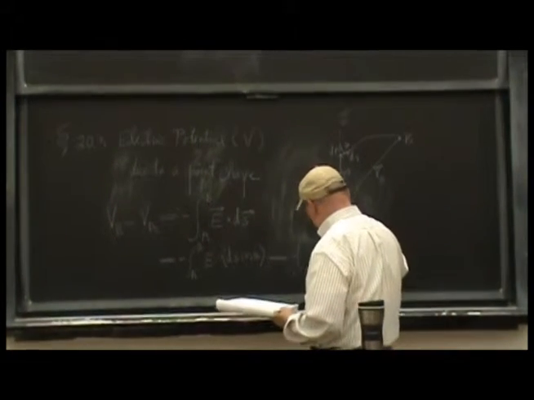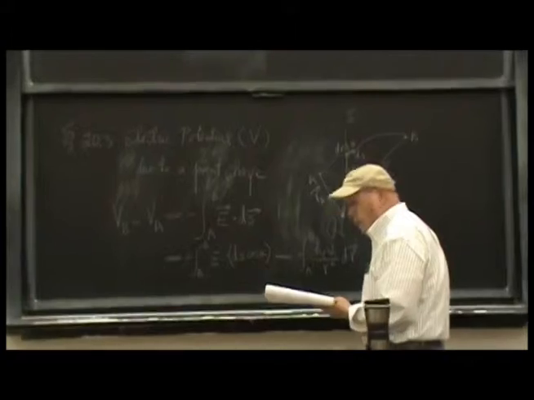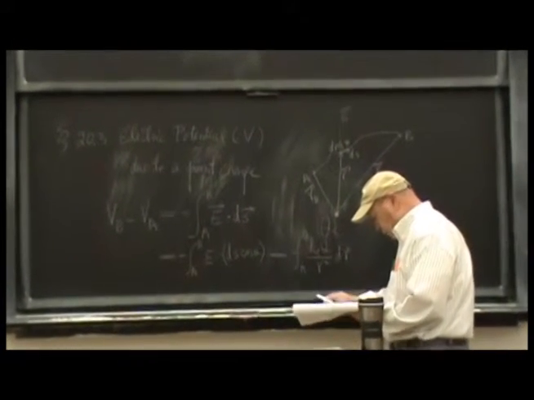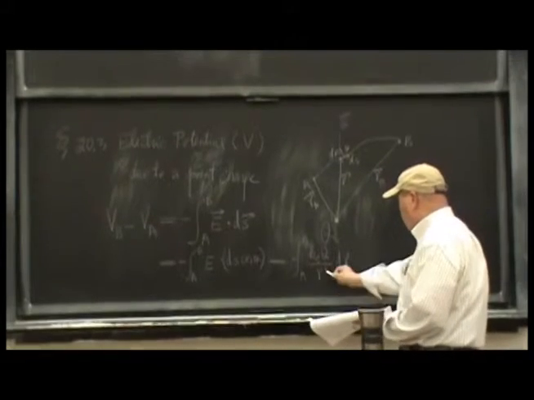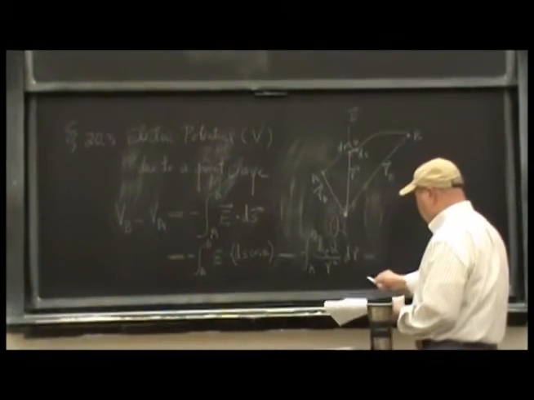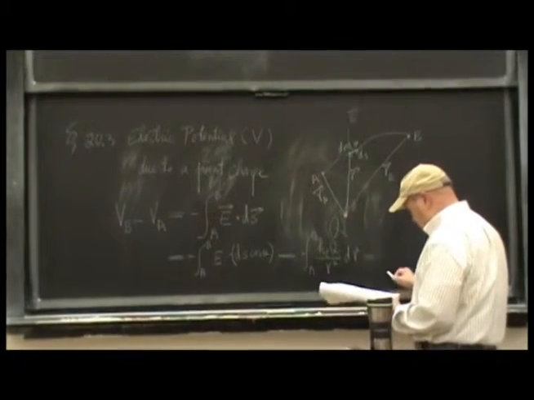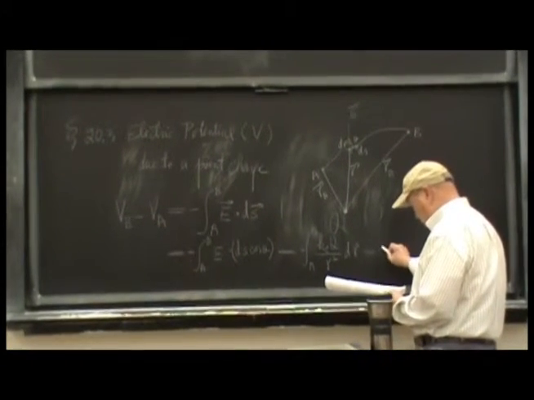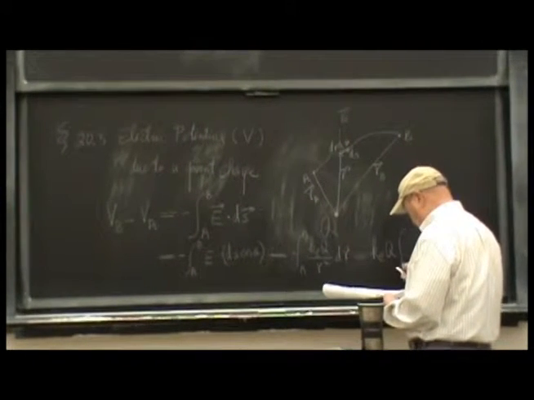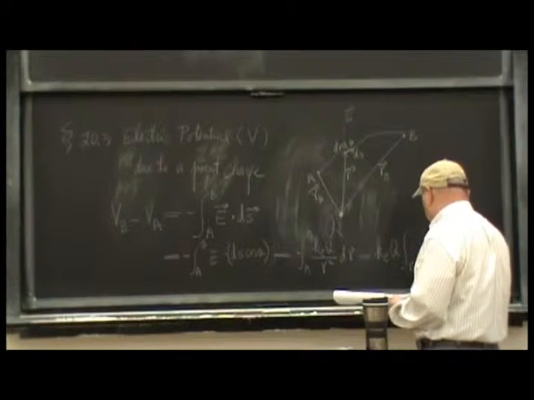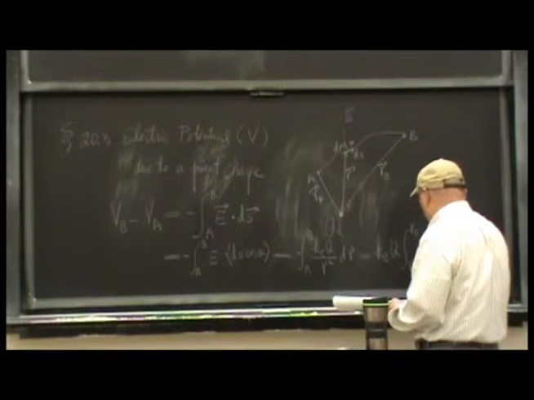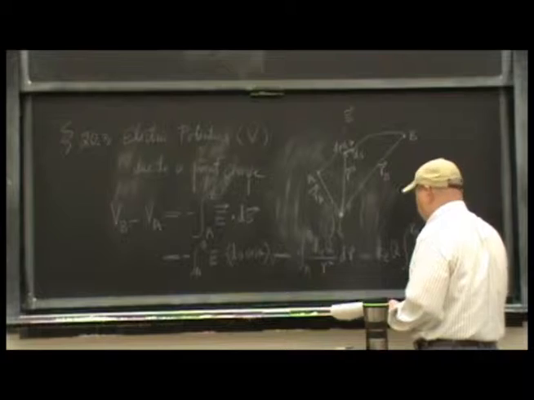From this point of view, we can do the integration. When we integrate, this is r squared, so it becomes minus 2 plus 1, which is minus 1. So k e Q times the integral from R_A to R_B of dr divided by r squared.